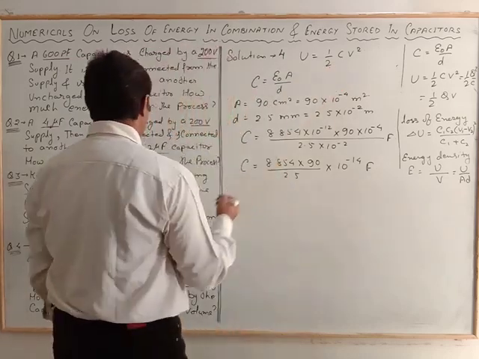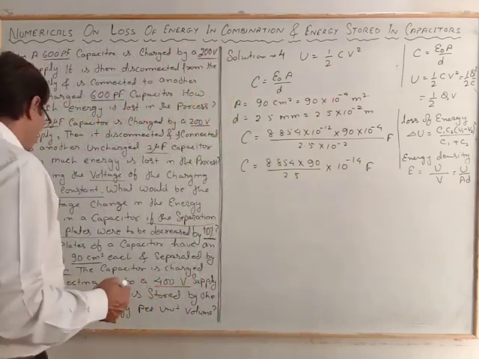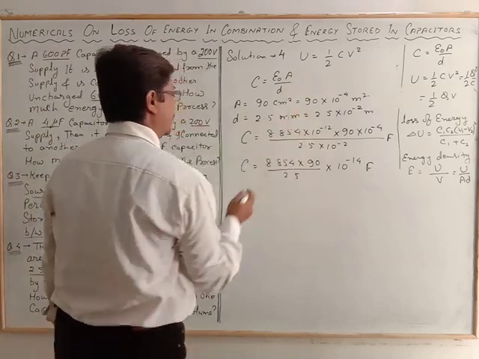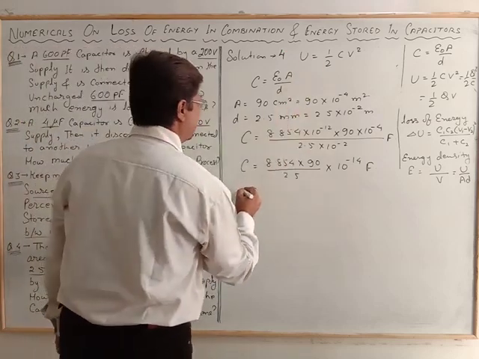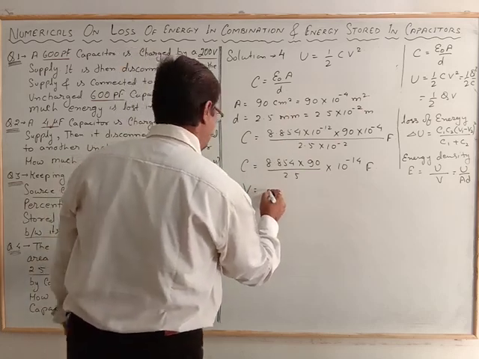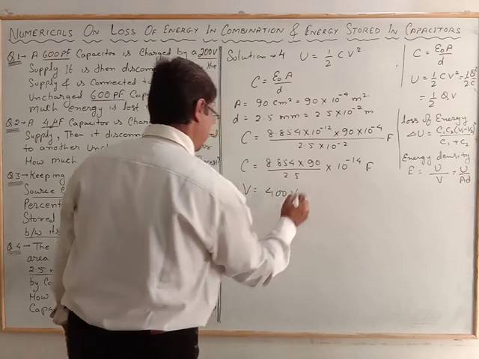So the energy stored, how much energy is stored by the capacitor, just substitute all this here. Potential V is also given, V is equal to 400 volt.